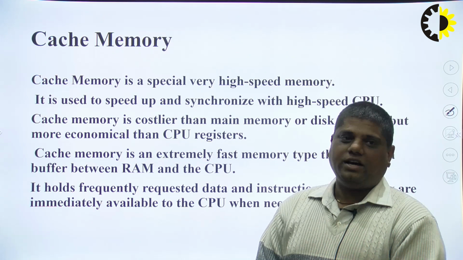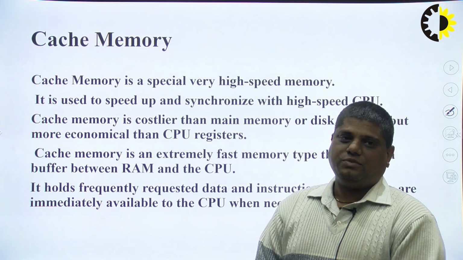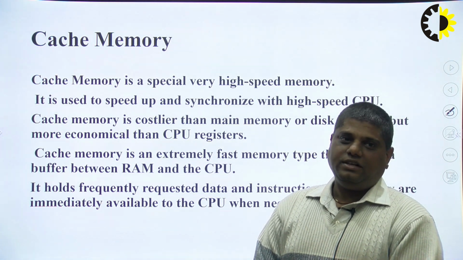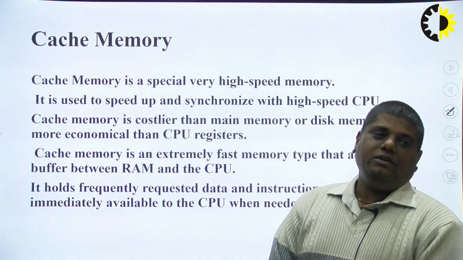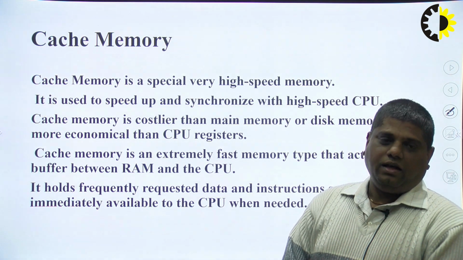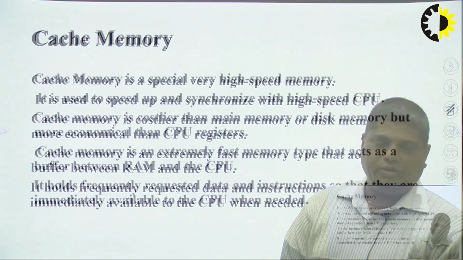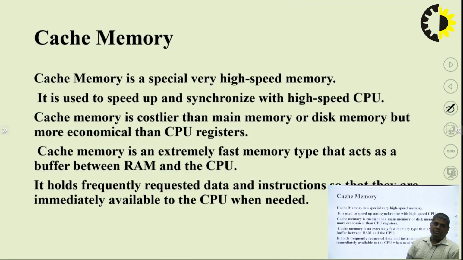Second I explain cache performance. Then I explain the three different types of cache mapping, and some numerical examples for a better understanding of the three different types of cache mapping.